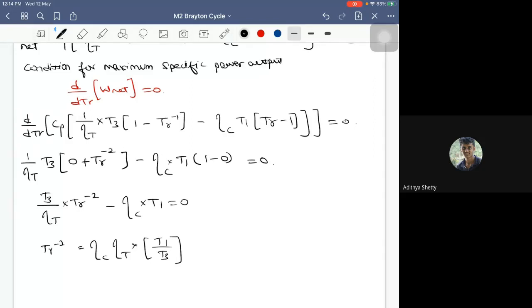Correct? T1 goes out, so T1 divided by T3. So now I take the minus. So TR is equal to efficiency of turbine, efficiency of compressor into T3 by T1.